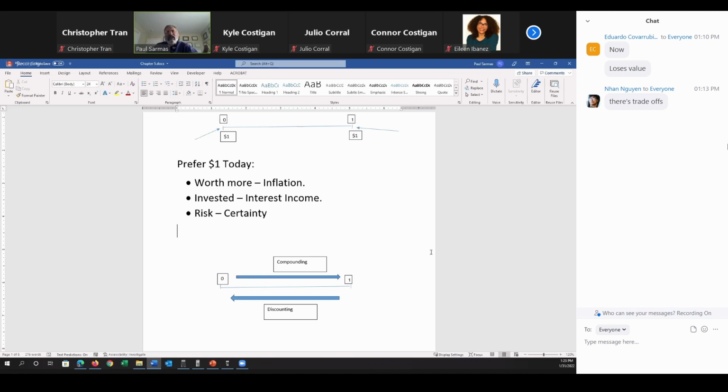Discounting is calculating the present value of a dollar received in the future. It's calculating the present value of a dollar received 1 year from now. So discounting is calculating present value. Compounding is calculating future value. Be familiar with these terminologies. I can ask you conceptual questions on the test.